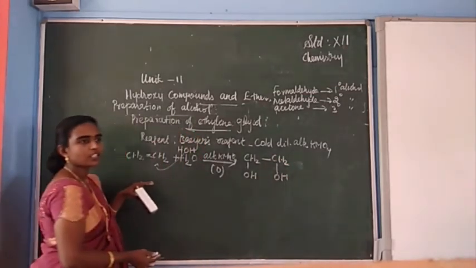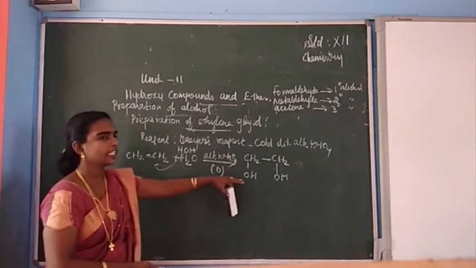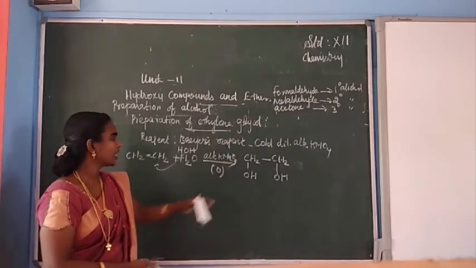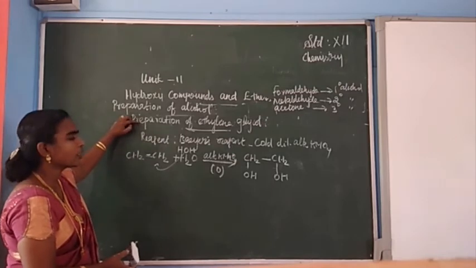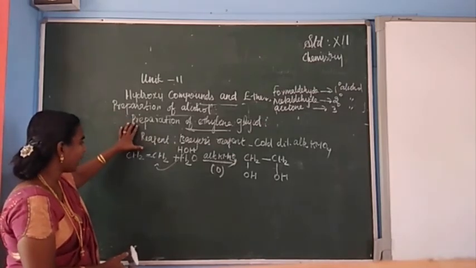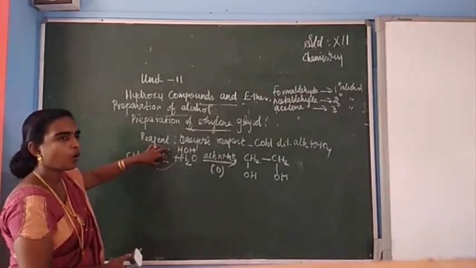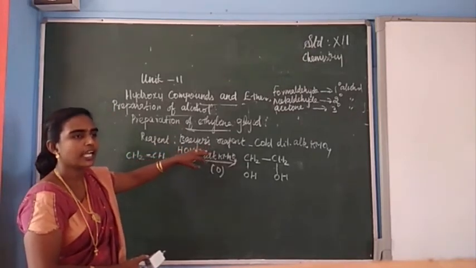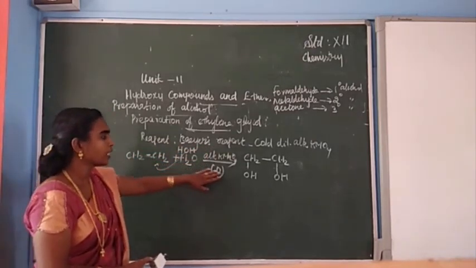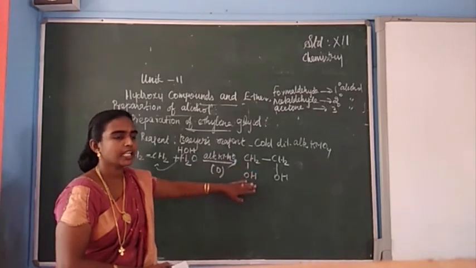What is the name of this compound? It is ethylene glycol. Have you understood? So, ethylene glycol can be prepared from alkene. Alkene on reaction with cold dilute alkaline KMnO4 gives ethylene glycol.